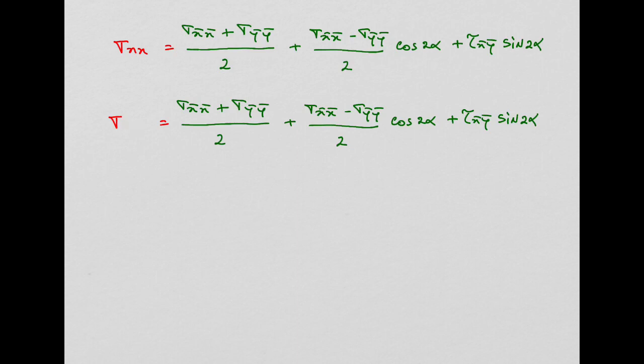Sigma yy is going to be equal to this. Now here we have not cosine of 2 alpha, but cosine of 2 times 90 minus alpha.